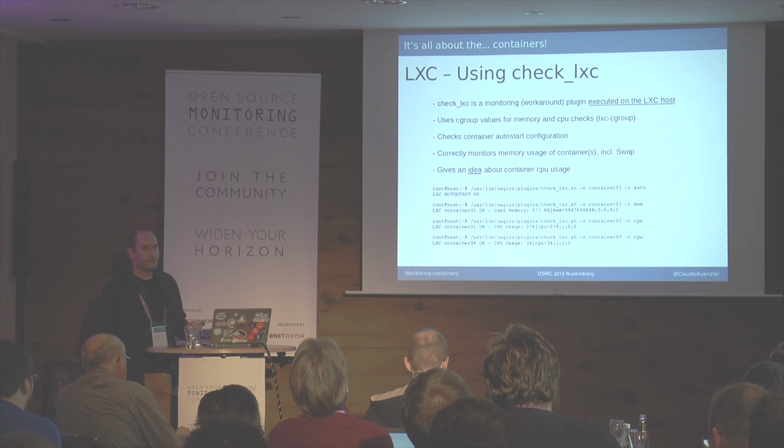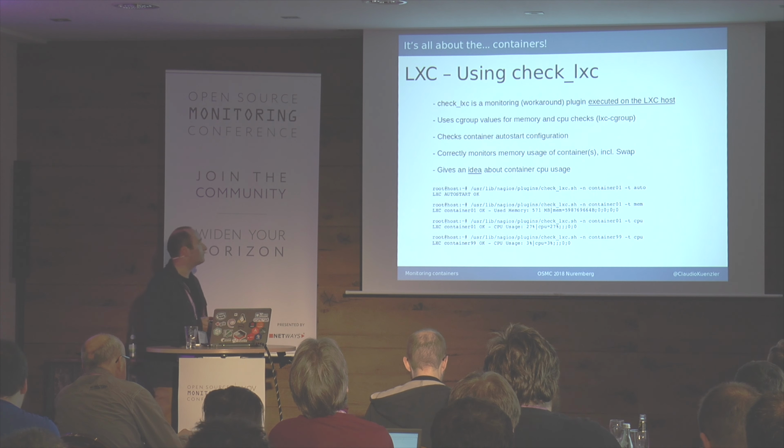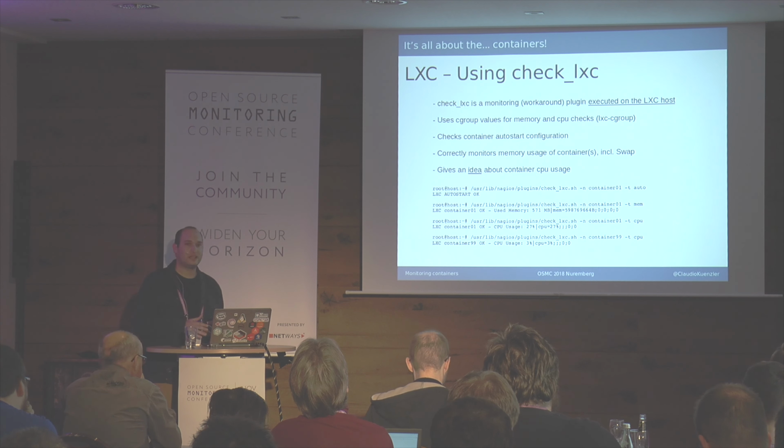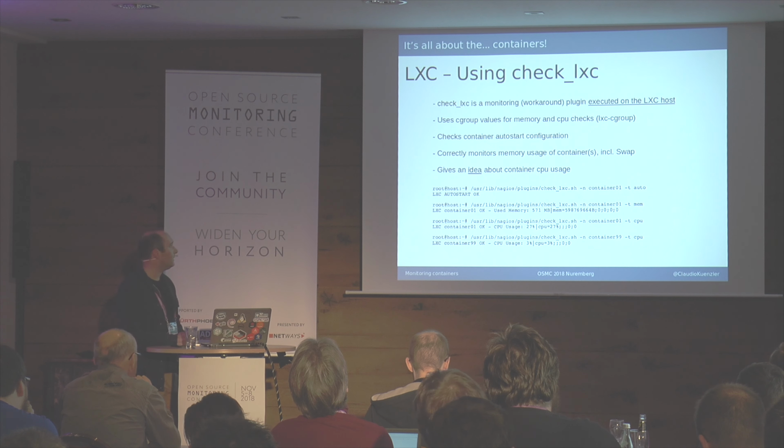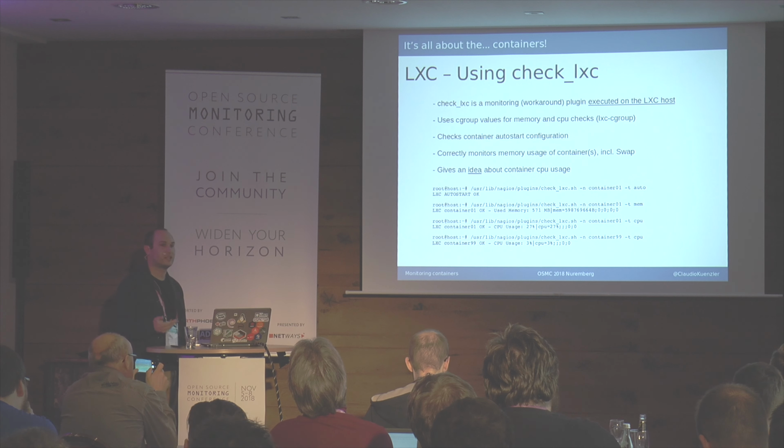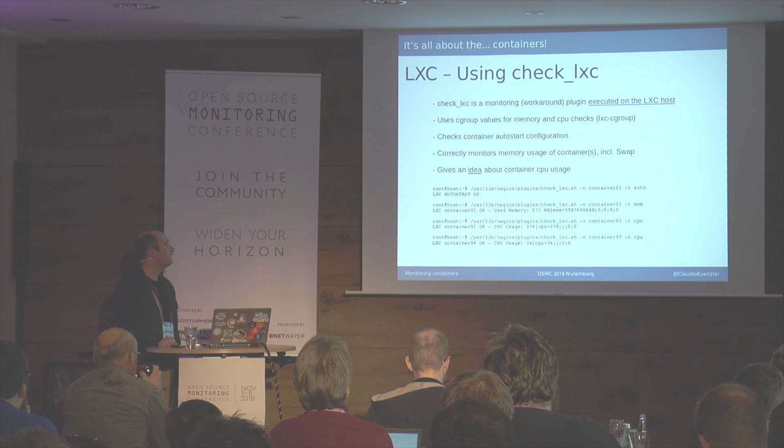So, to cope with the problems of memory and CPU usage monitoring, I developed check_lxd. It's actually a workaround plugin, because as long as you cannot monitor that inside the container, you can correctly, or almost correctly, monitor it at least on the LXC host. It uses cgroup values, so it uses an lxc-cgroup command to check the cgroup values for each container running on the host.